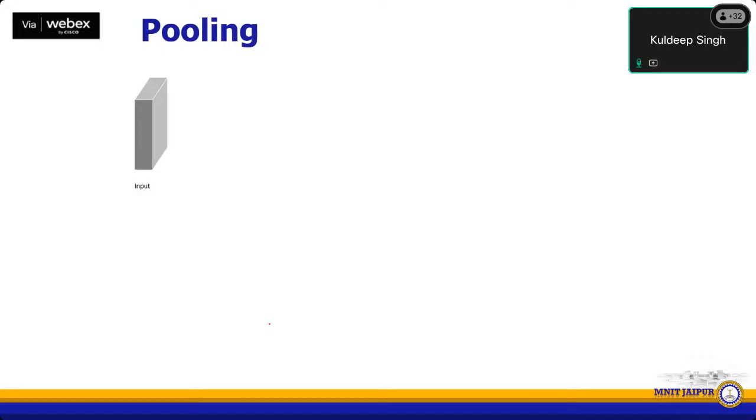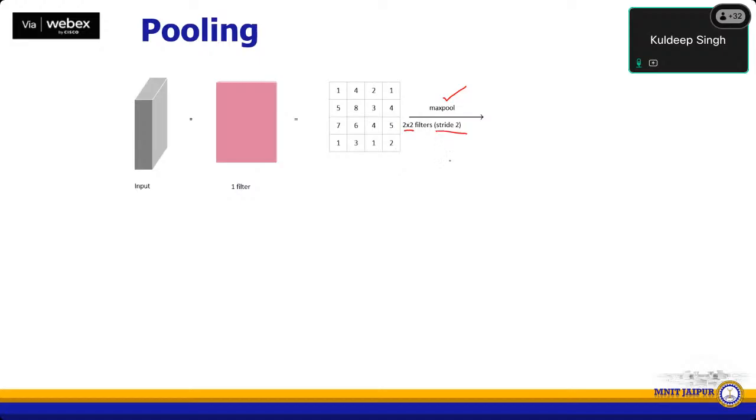Let's see the depiction of pooling, how pooling works. Suppose this is a 3D input, a 3D image or an RGB image. We apply a convolution filter over it, and we get this feature map. Now we apply a max pool kind of pooling layer where the filter dimension is 2 cross 2 and stride is 2.